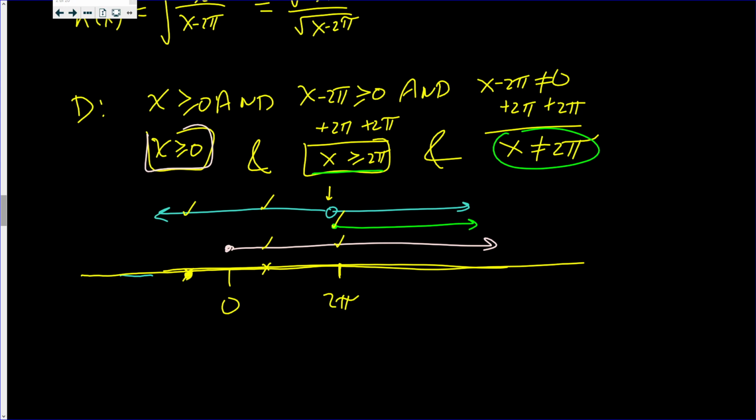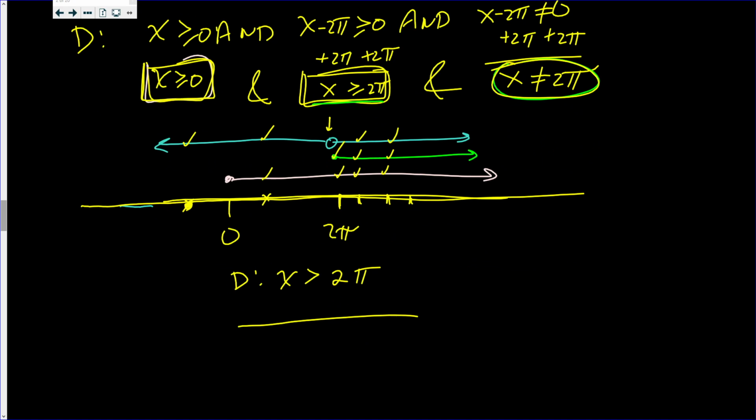But anything to the right of 2 pi has all 3 lines above it. Why 3? Because there were 3 restrictions. So the final answer is x has to be bigger than 2 pi.